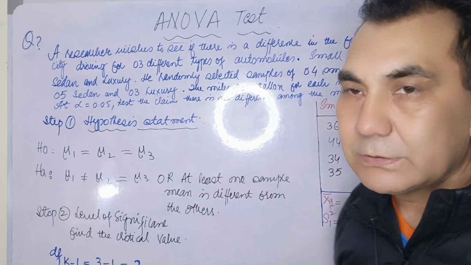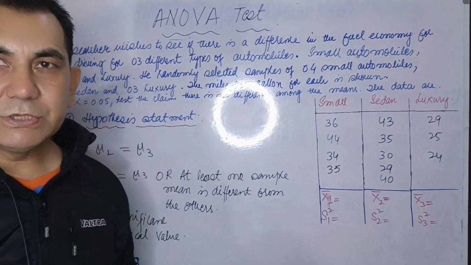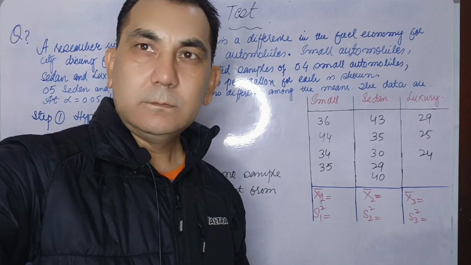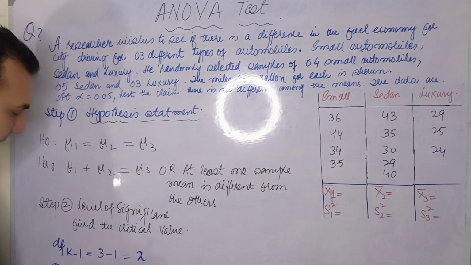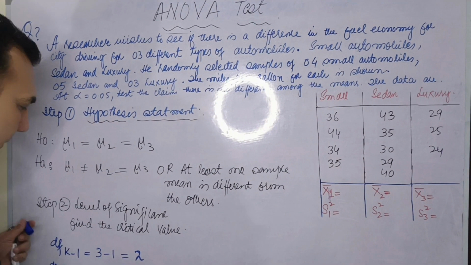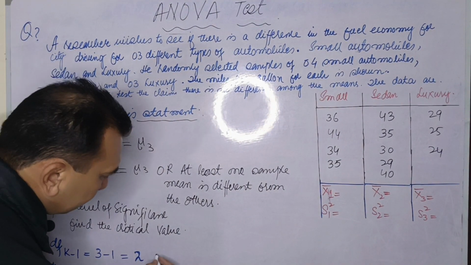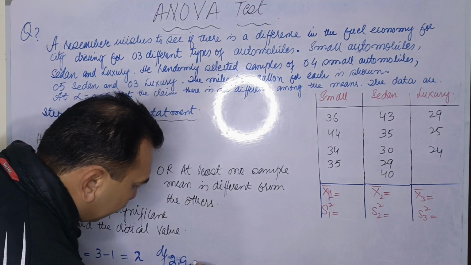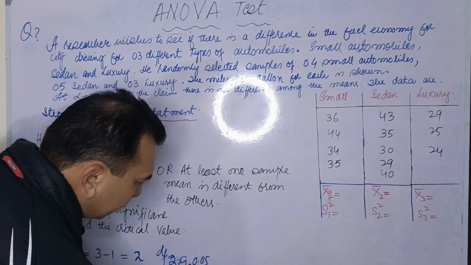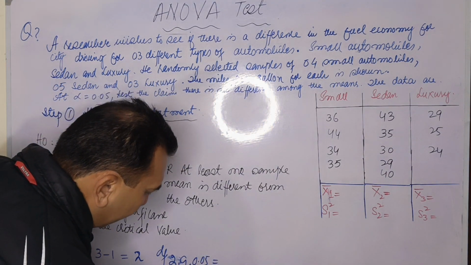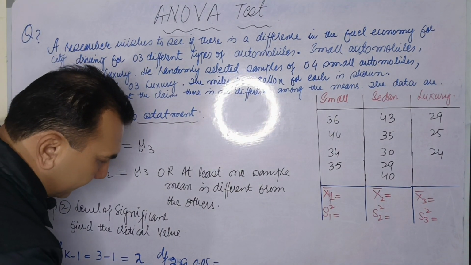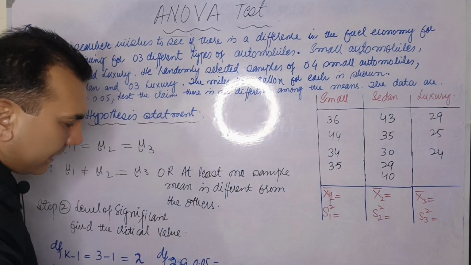If we use the F test table at the degrees of freedom 2 and 9 at 0.05, it comes up around 4.26.